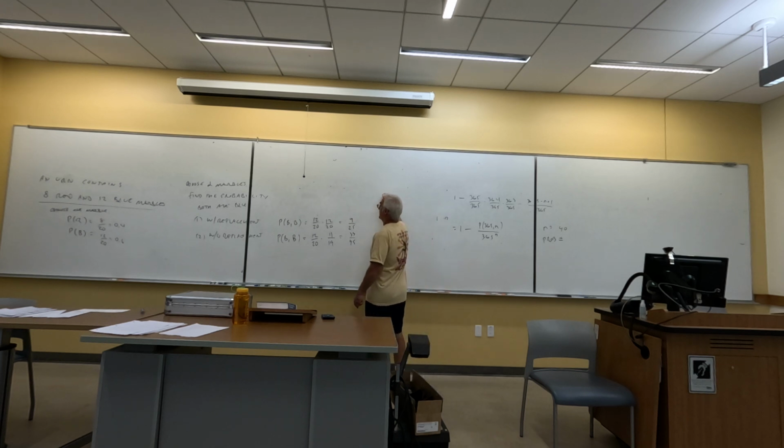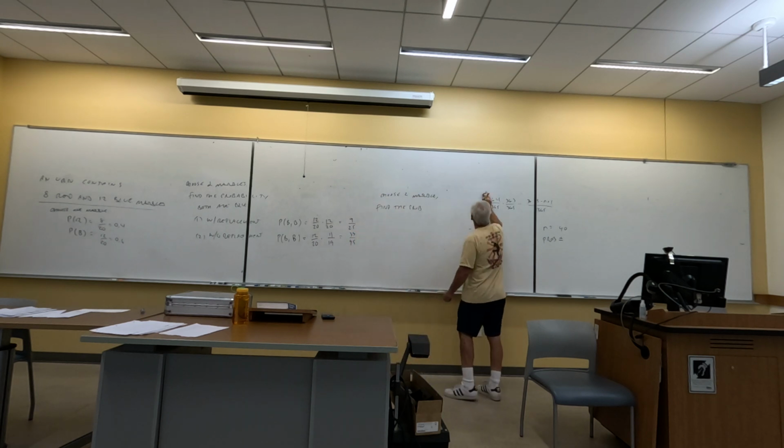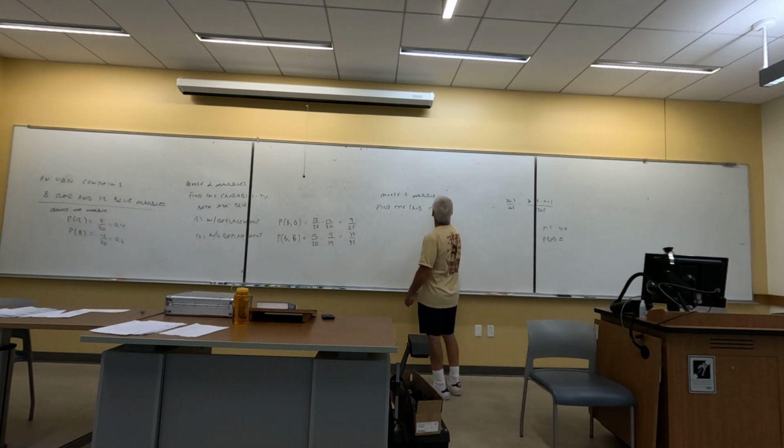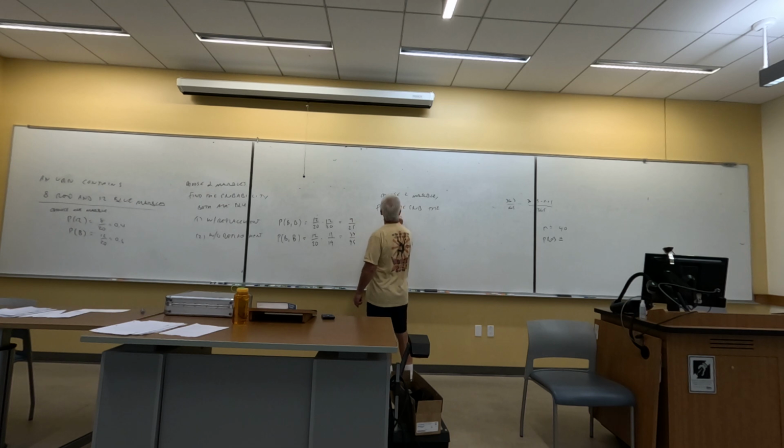All right, next question. Same question, choose 2 marbles. Find the probability, you're gonna like this one, this is not a common sense question. Find the probability the second marble is blue.